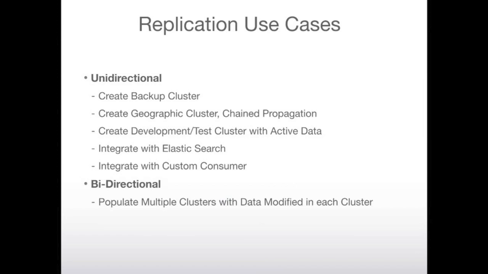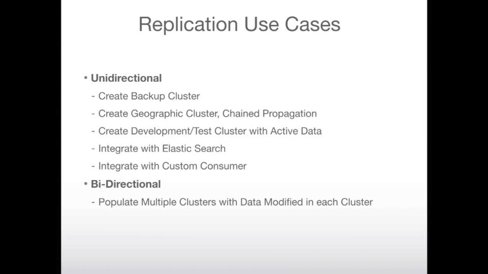And of course, integrating with Elasticsearch is also a unidirectional replication. And then there are also custom consumers. If you follow the protocols of Couchbase and what the XDCR protocol expects as replies on the other end, you can create your own custom consumers, which receive documents, and then you can do things with those documents on the consumer side.